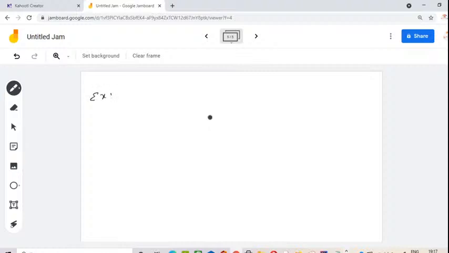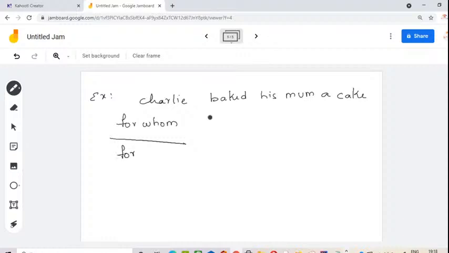For example, Charlie baked his mom a cake. In this sentence, for whom did he bake? Here we should use the keywords for whom and for what, whereas for the direct object we only used what and whom. Charlie baked his mom a cake. For whom did Charlie bake a cake?